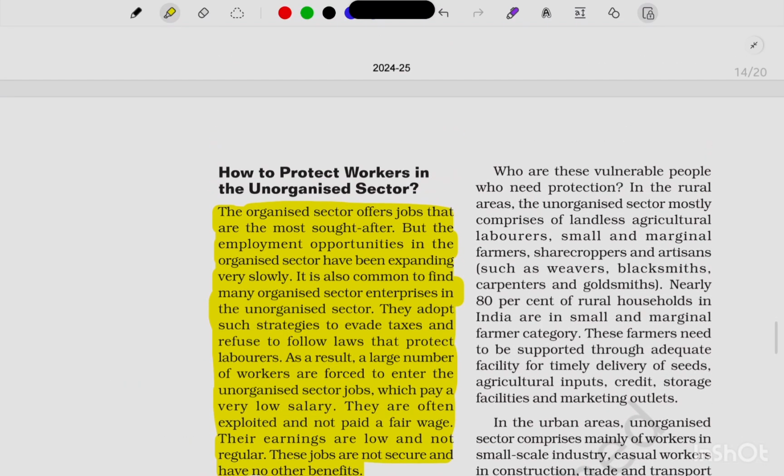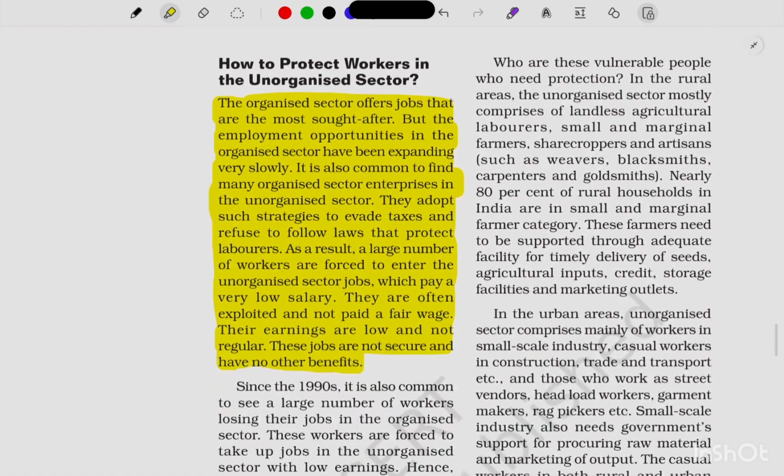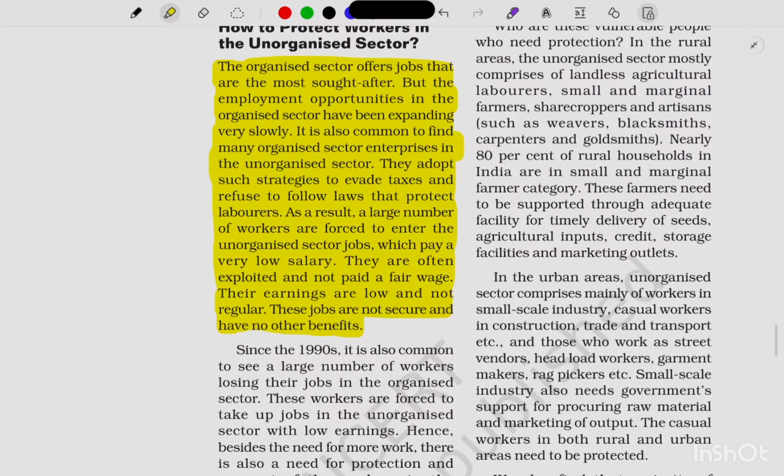Who are these vulnerable people who need protection? In the rural areas, the unorganized sector mostly comprises landless agricultural laborers, small and marginal farmers, sharecroppers, and artisans such as weavers, blacksmiths, carpenters, goldsmiths, etc. Nearly 80% of the rural households in India are in the small and marginal farmer category.